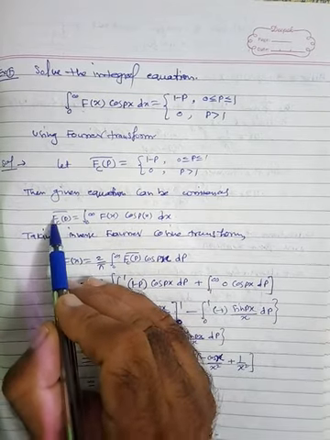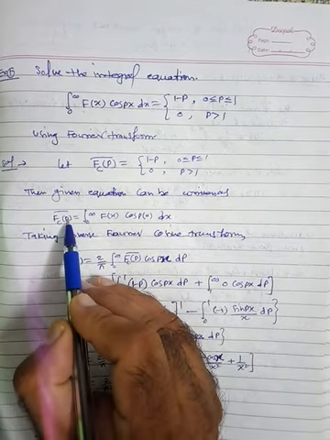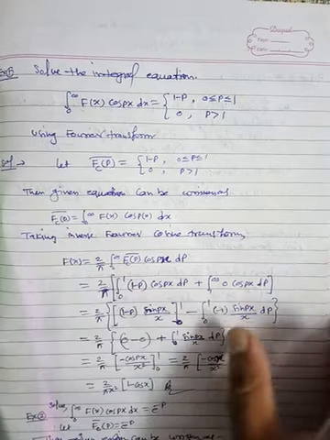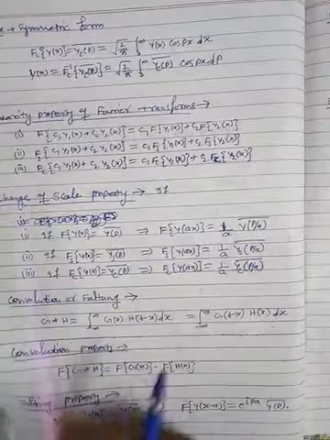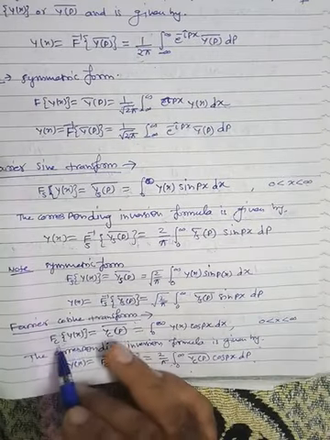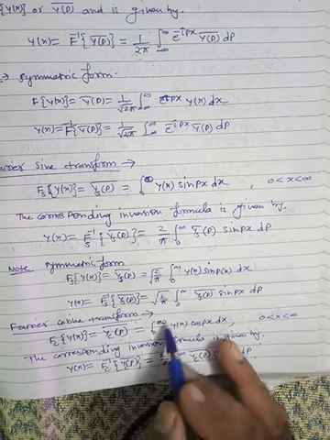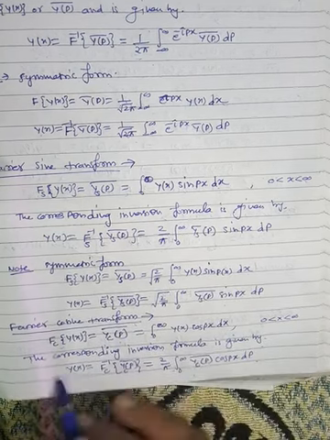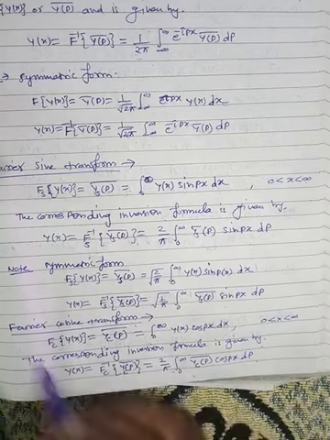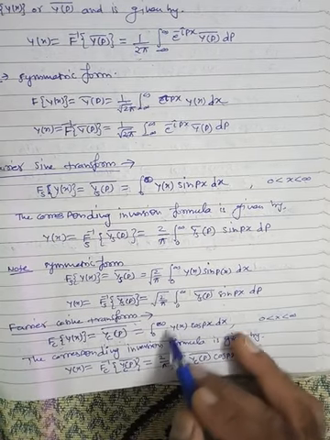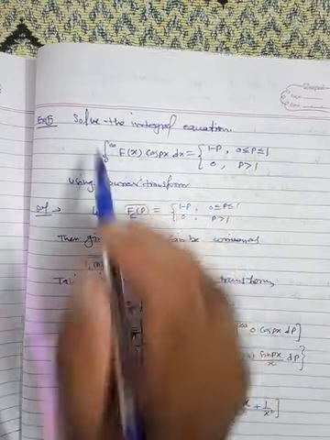We know the formula for the Fourier cosine transform. We will use this formula: F_c(p) bar is equal to the integral from 0 to infinity of f(x) cos px dx, and its inverse is given by this. So here we have f(x) cos px, which is the same as that, in place of y we have f(x).